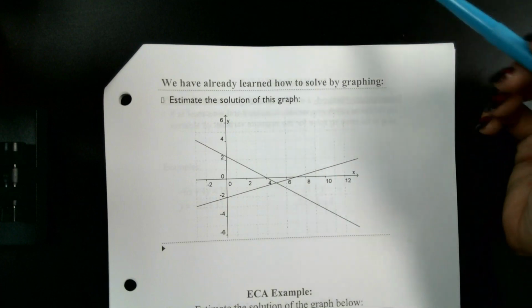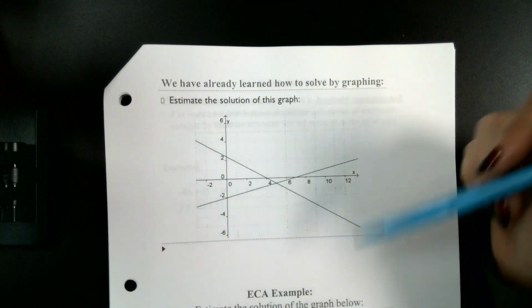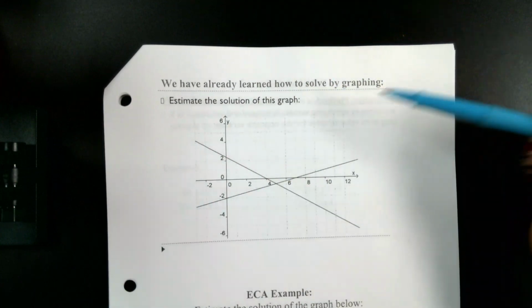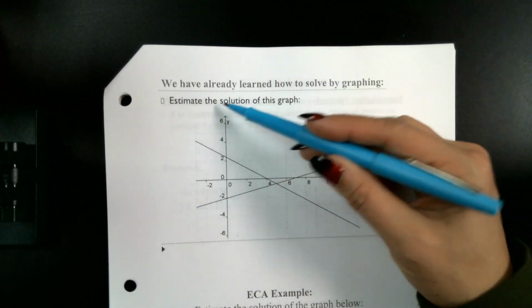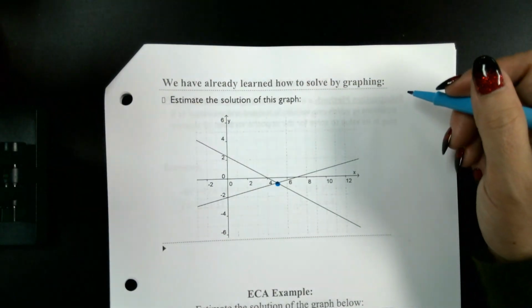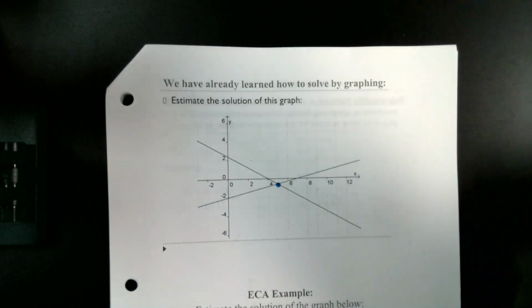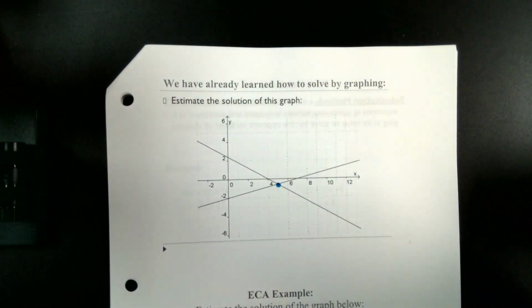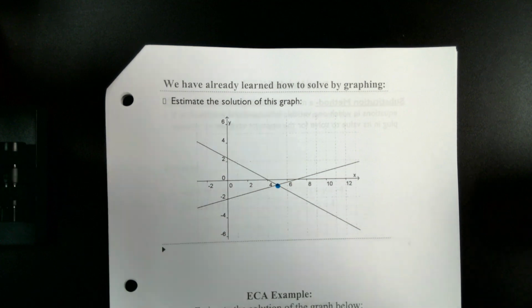All right, so this is just kind of what we were doing last week, right? They've graphed two lines, and it says estimate the solution. I don't really like to do these when they're not whole numbers. There was one on your quiz yesterday where, when you graphed them, the two lines did not cross at whole numbers, and I told you don't even worry about putting the ordered pair down, just show me the graph.